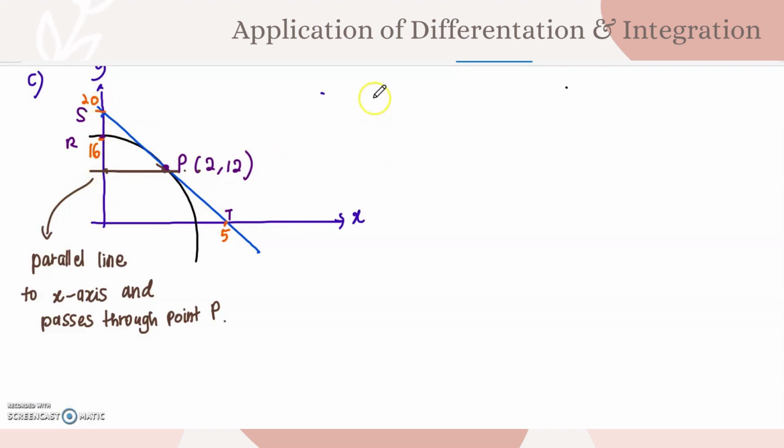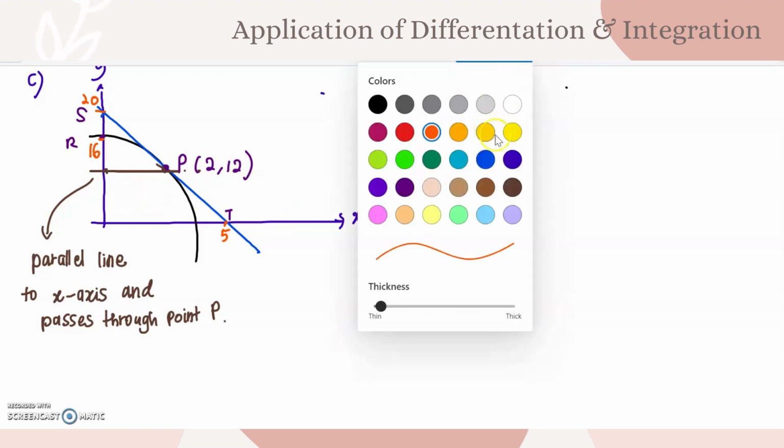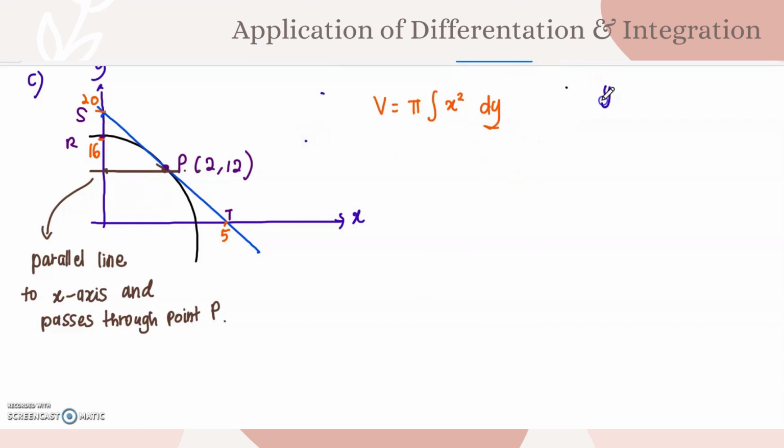So about the y-axis, the volume will be equal to pi times the integral of x squared dy. Remember, this is the formula. We have y equals negative x squared plus 16, so x squared is equal to 16 minus y.